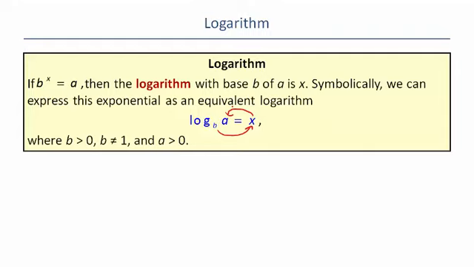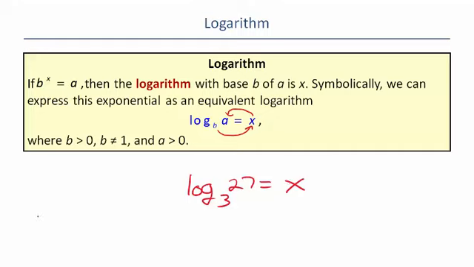That's all it is. Because if they say, let's say log base 3 of 27 equals x, what this is really asking is 3 to what power equals 27? And you go, oh, well, 3 cubed equals 27. The answer is 3, right?